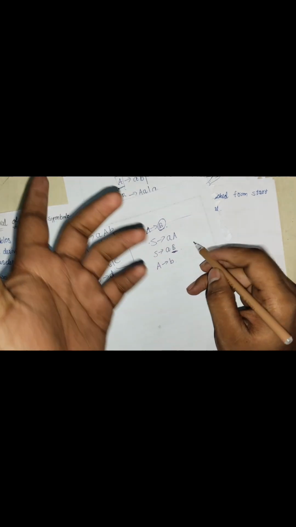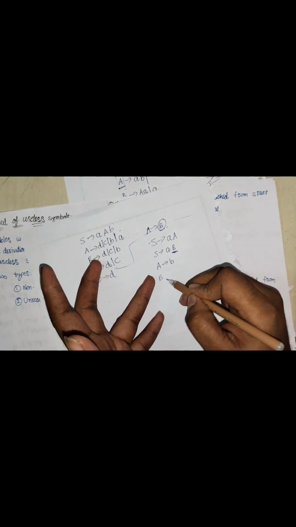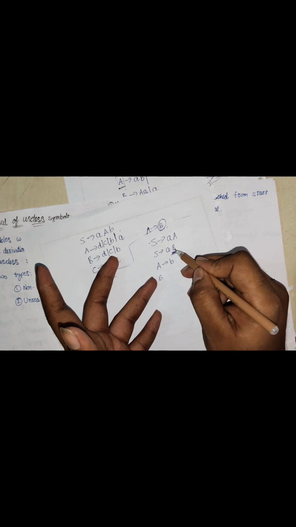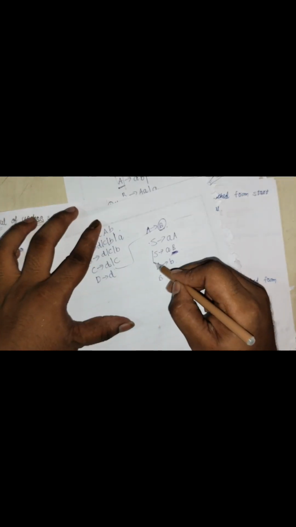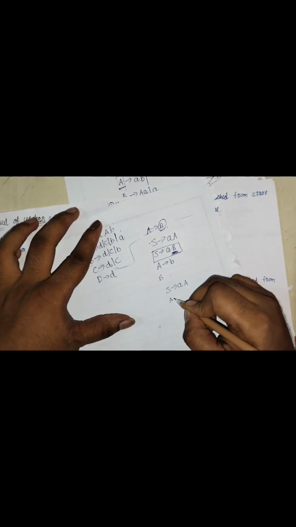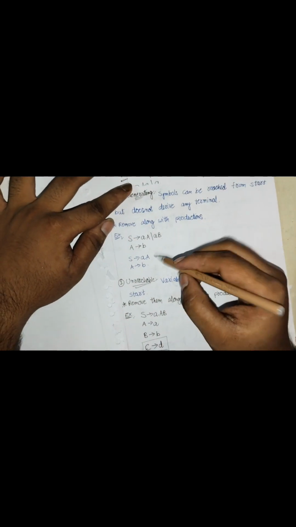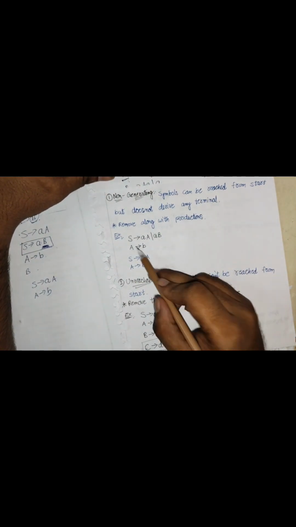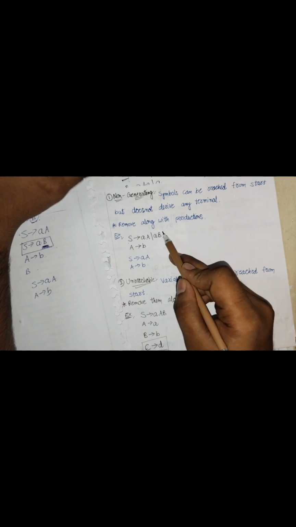You are reaching capital B from S. After that you can't proceed further, since there is no production using B. So B is a useless symbol here. So you have to delete the entire production. So it will be S tends to A, and A tends to a. This is the only production remaining. From S you can reach B, but from B you can't proceed further, right? So that is known as a non-generating or useless symbol.